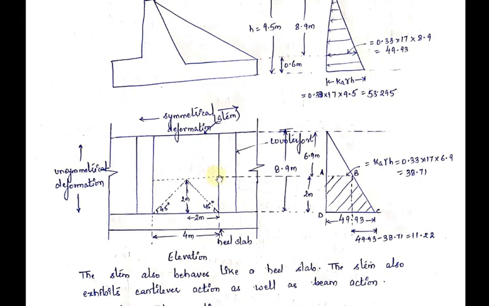The pressure can be found by Ka gamma h. If this total height was 8.9 and this height is 2, then this height will be 6.9 meters. If I put the value of h as 6.9 in this equation, I will get the value of pressure at this level. So in this strip there are two pressures acting: 38.71 at the top of the strip and 49.93 at the base of the strip.